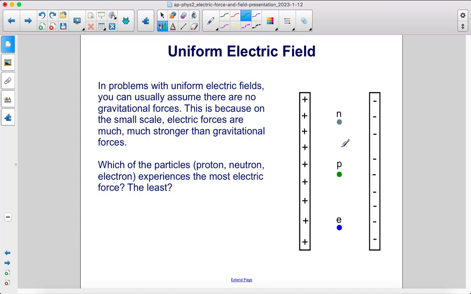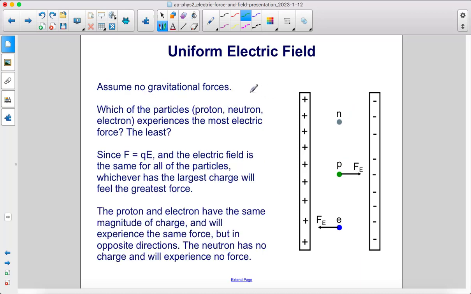Which of the particles, proton, neutron, or electron, experiences the most electric force? What about the least? Assume no gravitational forces. So which of these particles experiences the most and the least electric force?